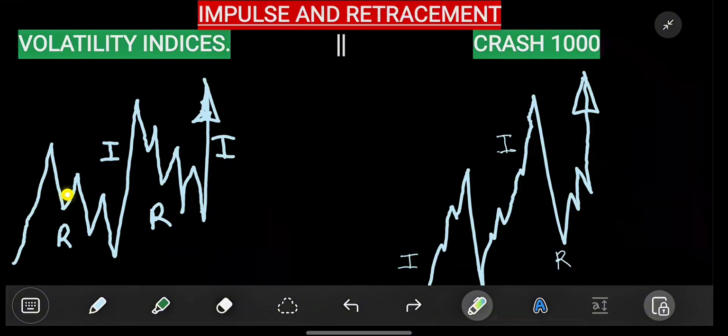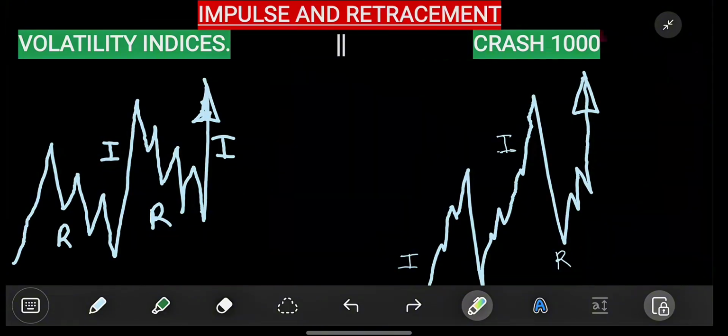Then we'll have our retracement move moving nicely laid back. And once we hit our point of interest, we then have an impulsive move going to the upside that takes out this high. Okay, so this is how it happens mostly in volatility indices and currencies.